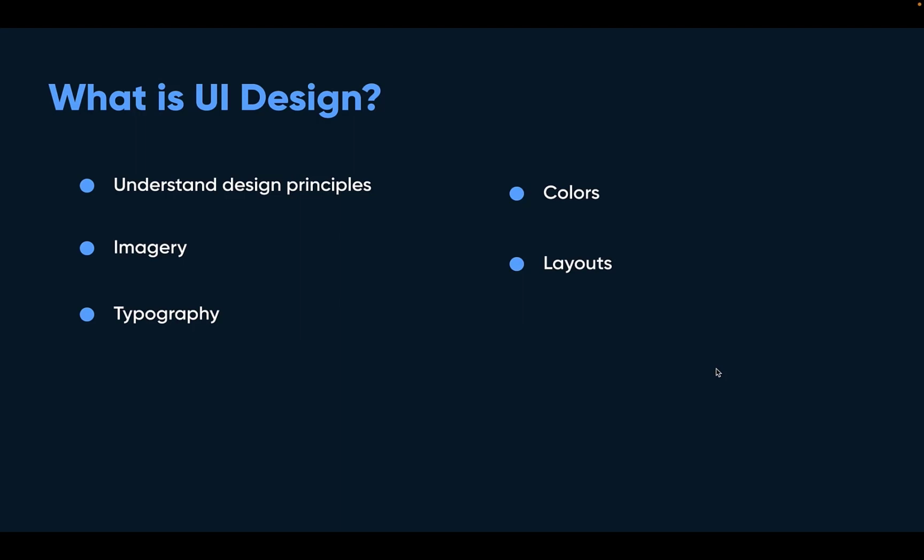You should be able to know how to use imagery. Imagery is not just pictures, but illustrations and icons as well. You should be good at using iconography. For example, you can't go and use the wheel icon that's used to represent settings to represent home. It wouldn't work.